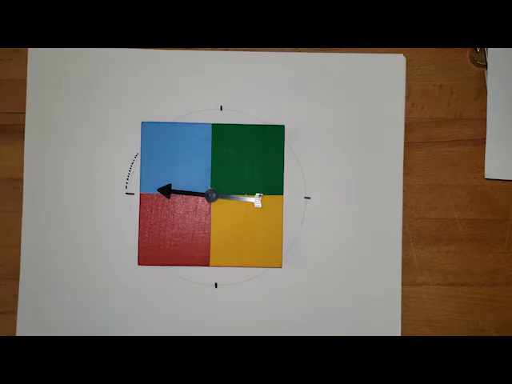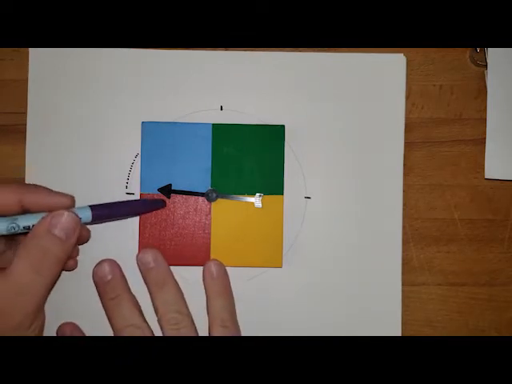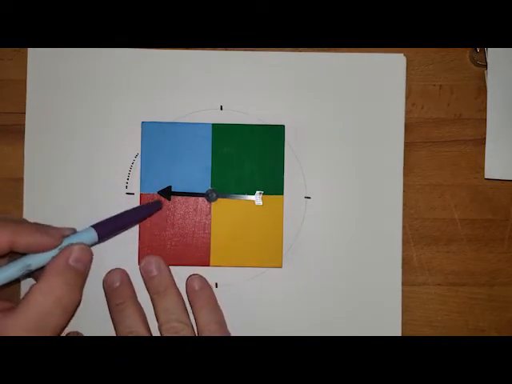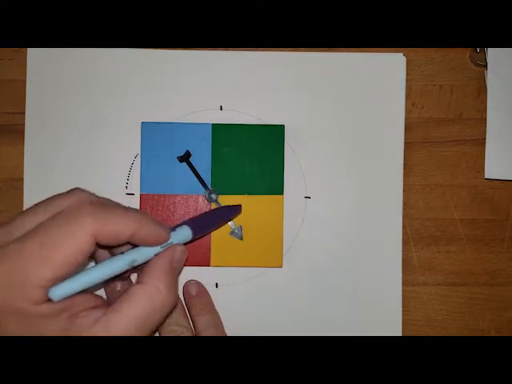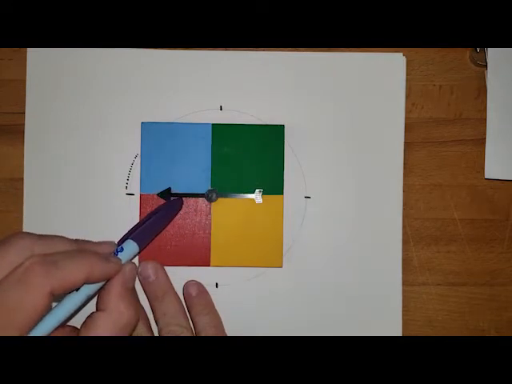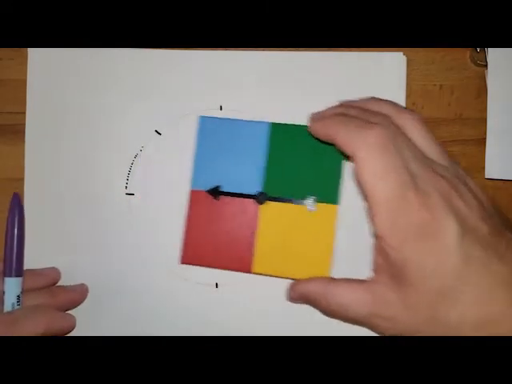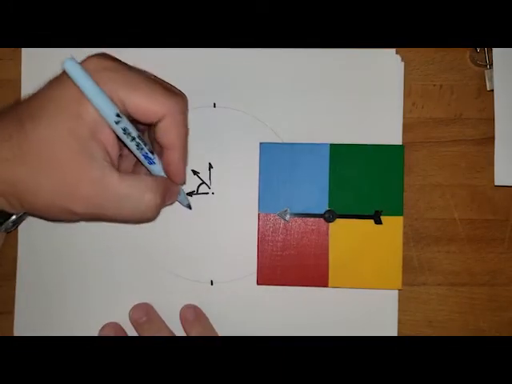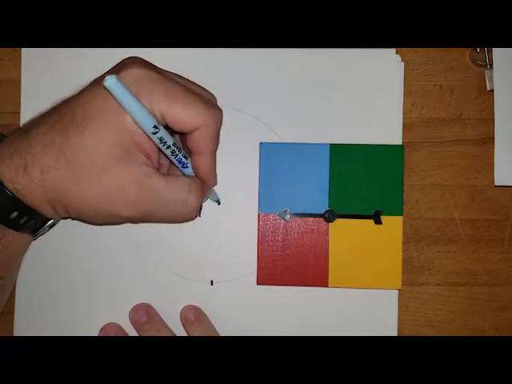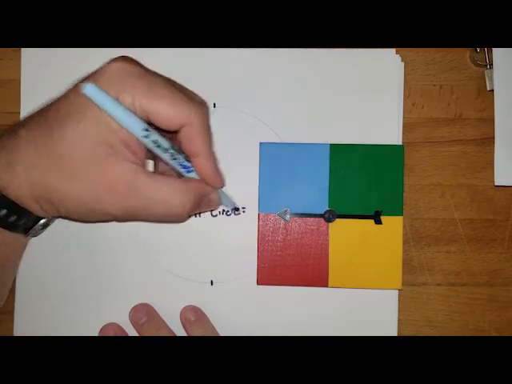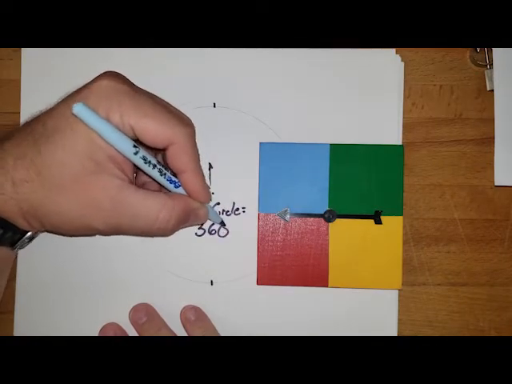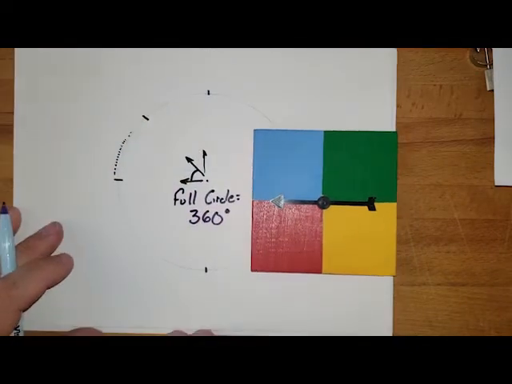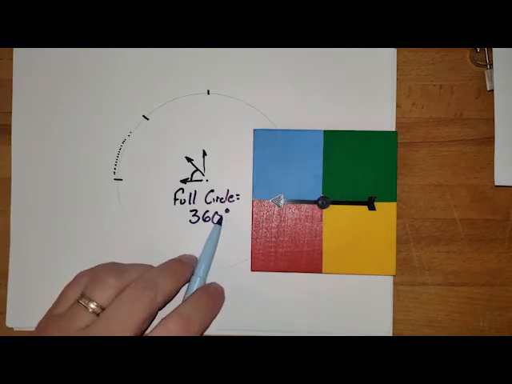I'm going to bring in our little spinner toy, and what they came up with is a full circle going all the way around. And they decided to divide that into 360 degrees. So a full circle is 360, and we're going to call those degrees, just like what we have on the oven with temperature.